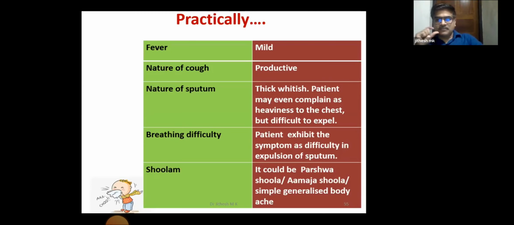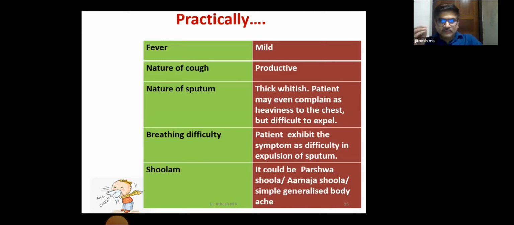In case of fever, the patient exhibits mild fever, because Vata Kapha is always a mild fever. Tapahani, it is explained. So the patient exhibits very mild temperature, a rise of temperature, not a fever.